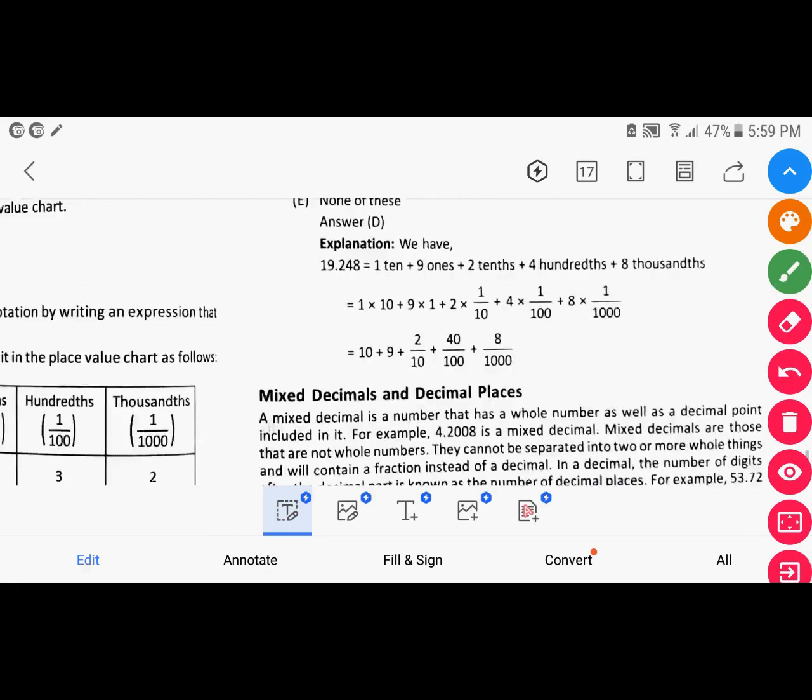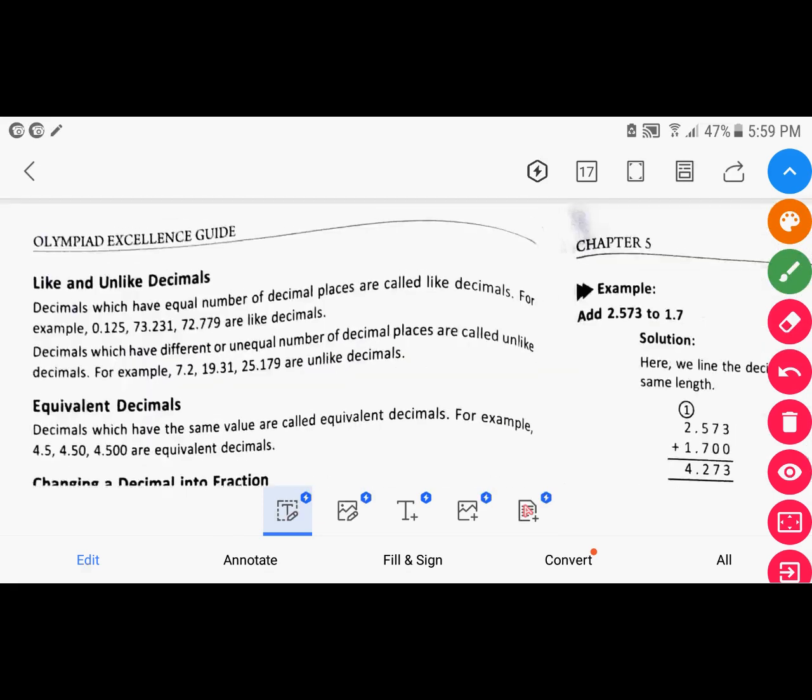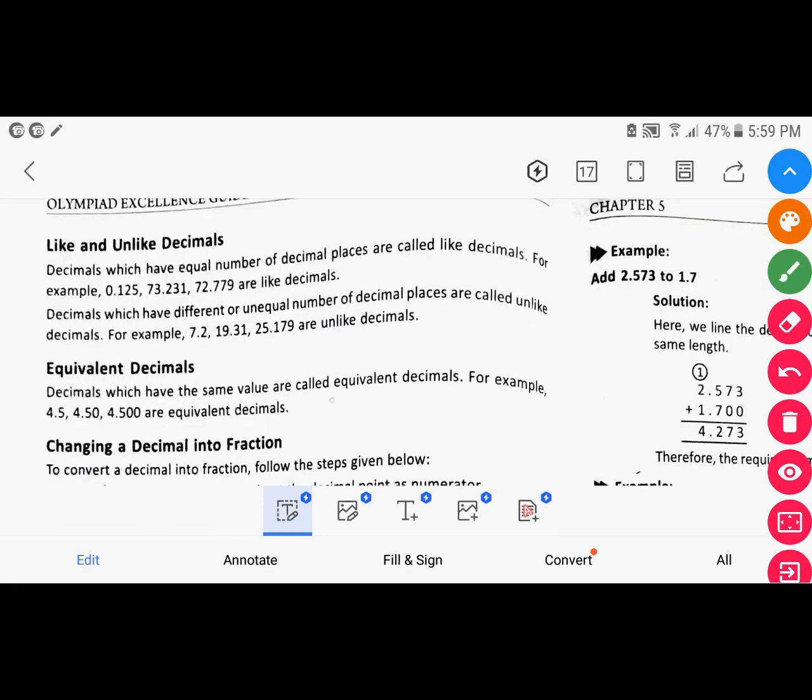Now mixed decimals and like and unlike decimals. If decimals have an equal number of decimal places, they are called like decimals. See, in all these numbers, 3 decimal places are there at the right side of the decimal point, so they are like decimals. Here different numbers of places are there, so they are unlike decimals.